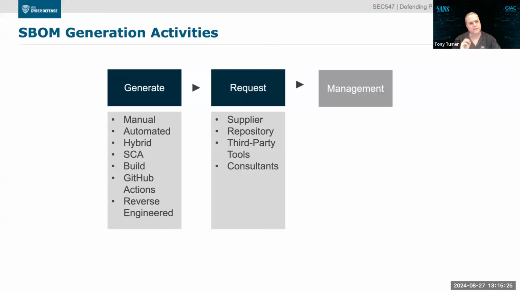I put request in this same bucket because it's the entry point for your process, especially if you are a consumer. If I don't have an SBOM and I want an SBOM, I'm going to come to you, supplier, and say, hey, I'm interested in knowing what's in this software that either A, you sold me, or B, you're trying to sell me.